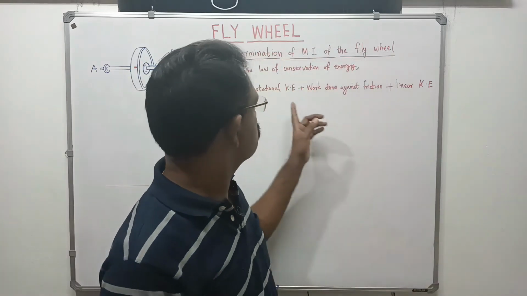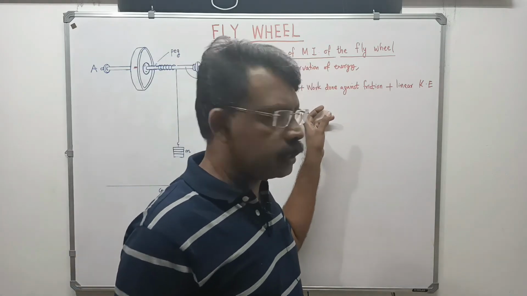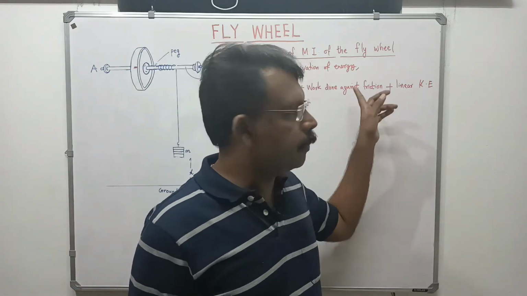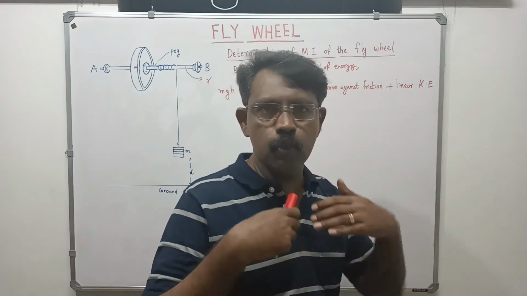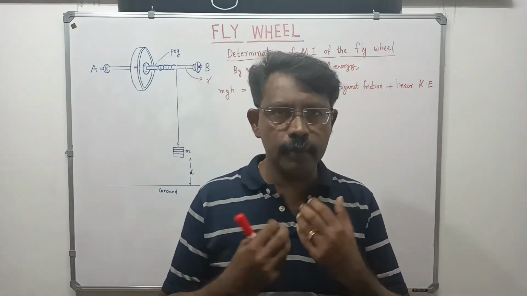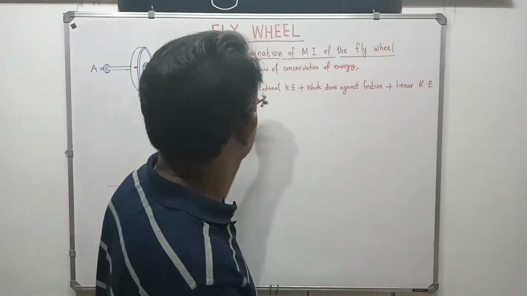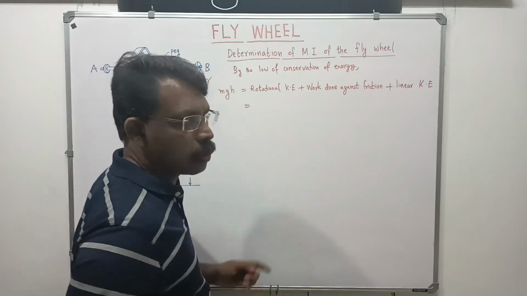That is, the potential energy mgh is used for giving rotational kinetic energy, plus work done against friction, plus linear kinetic energy. It is used for all three. So the entire energy given from the potential energy is utilized for all three things. So I can write mgh is equal to, what is rotational kinetic energy?